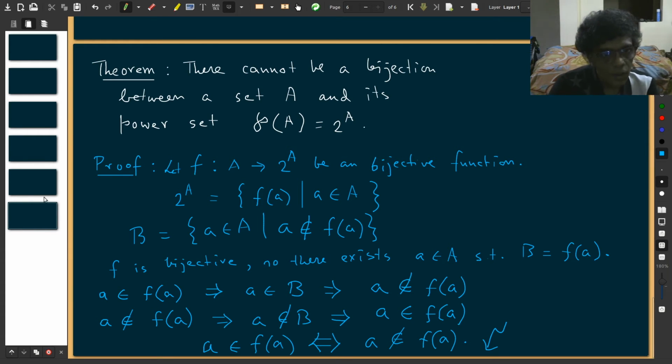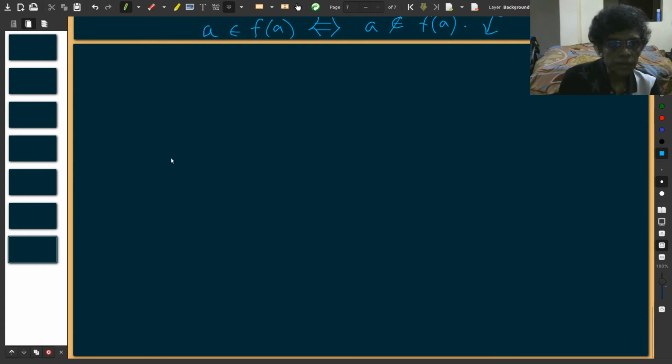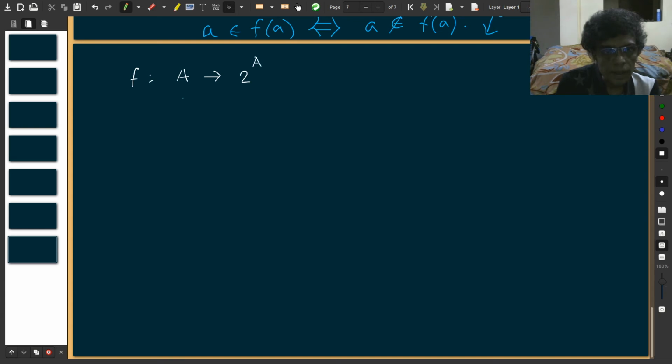Okay. So this has two implications. You consider this map f from A to 2 power A that takes an element a to the singleton set {a}.